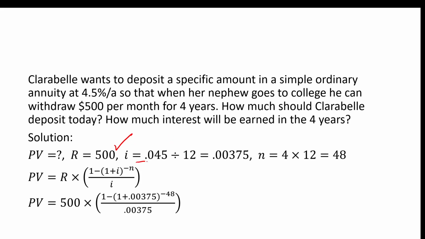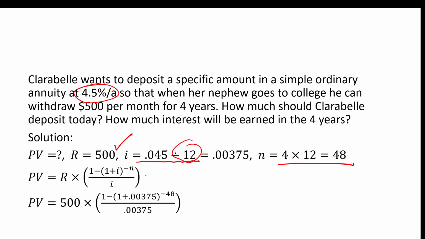The I value is 0.045 divided by 12 because it's 4.5% per annum, and she wants him to be able to make regular monthly withdrawals, so we're dividing by 12. So N is 4 times 12 because he wants to be able to do this for 4 years, 12 times a year.